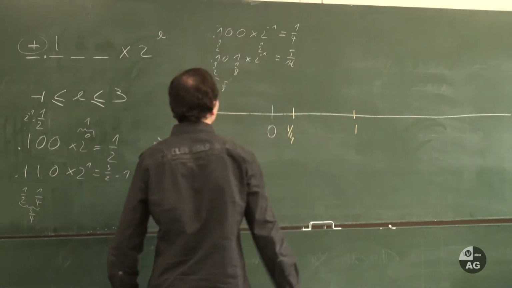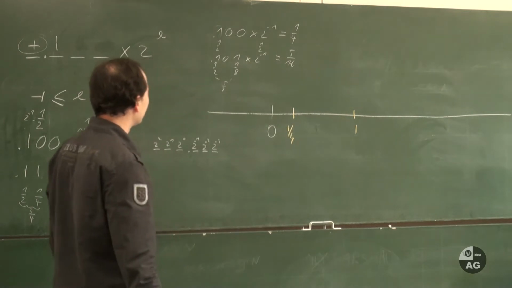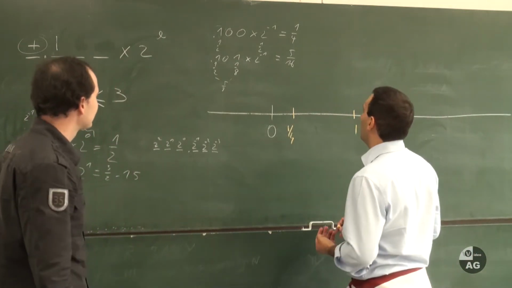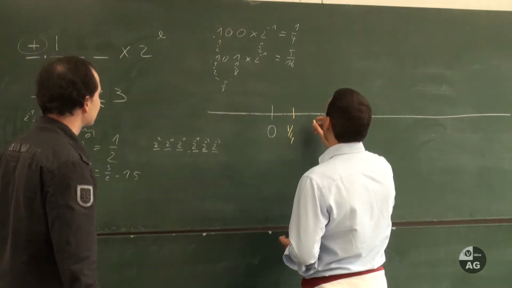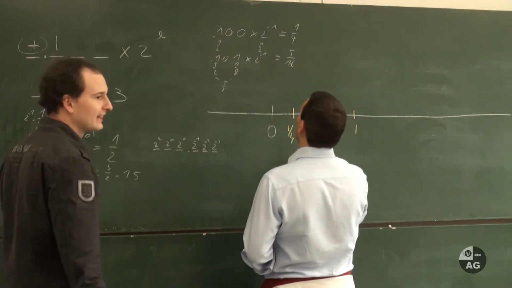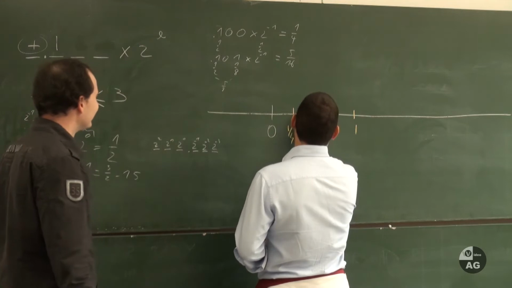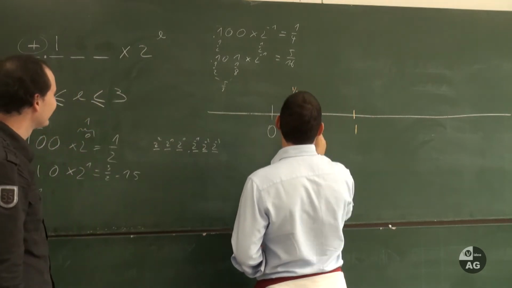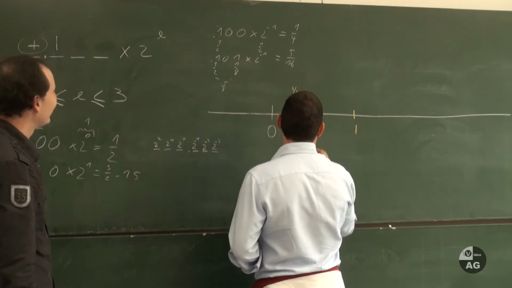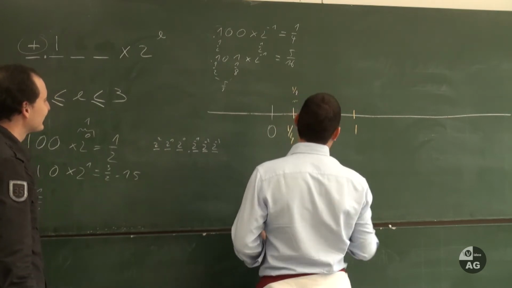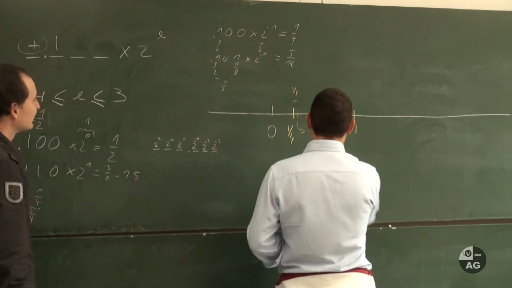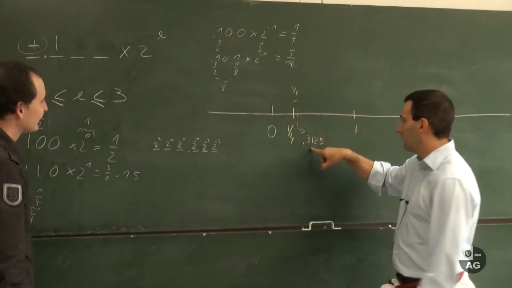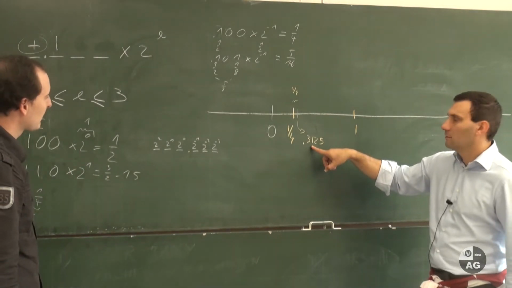Can anyone compute that? So actually, let's do something smart. This is 1/8 away from that, and what is it? 0.3125. But keep in mind, it's not 1/8.